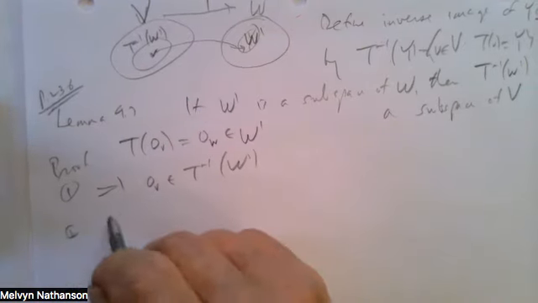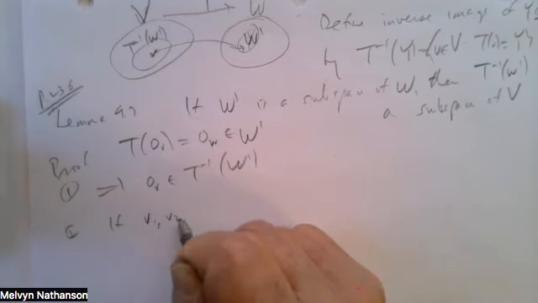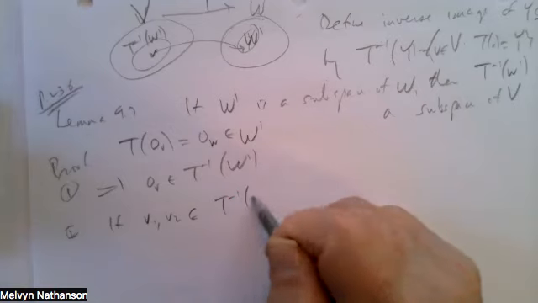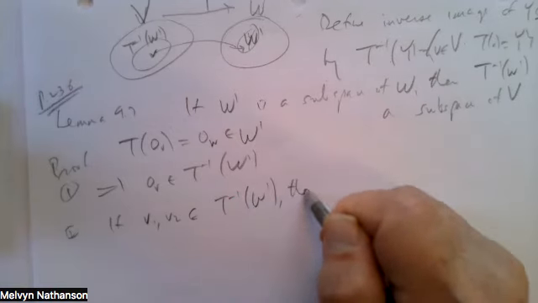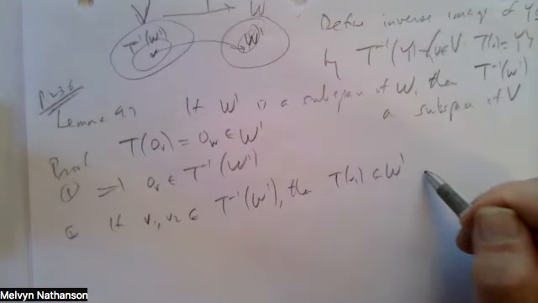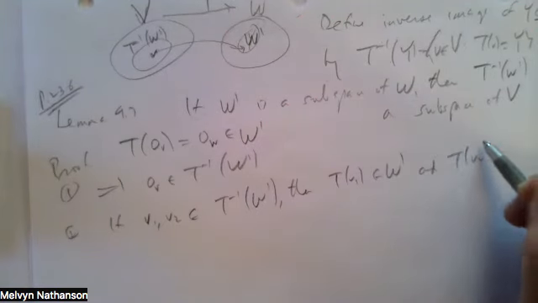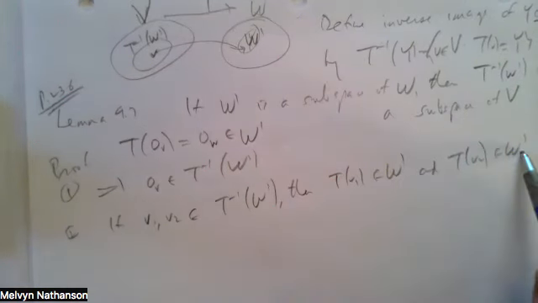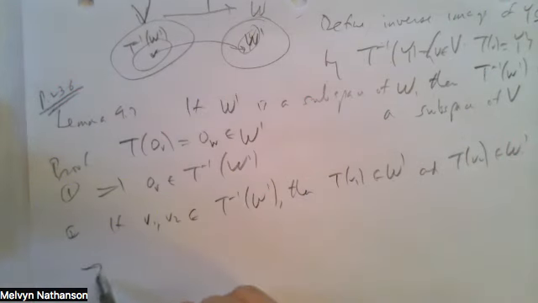Second, if V1 and V2 are vectors in the inverse image of W prime, then T of V1 is in W prime, and T of V2 is in W prime, by definition of inverse image. But W prime is a subspace. It's closed under vector addition.